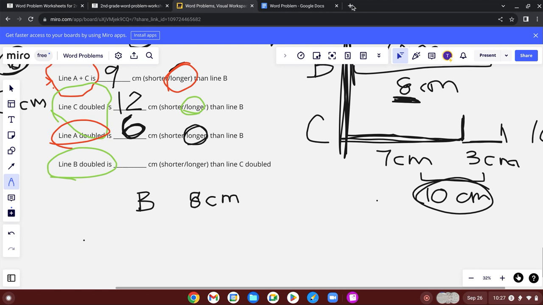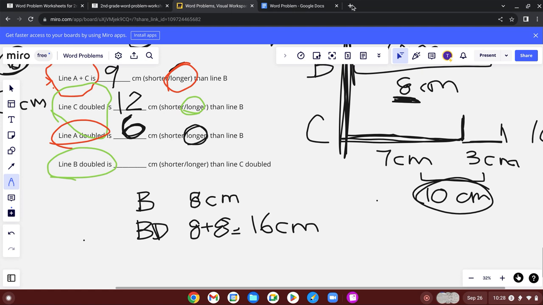Line B double. So how much is B double? 8 and 8. B double is how long? 8 plus 8 is what? 16 centimeter. Correct. Right.